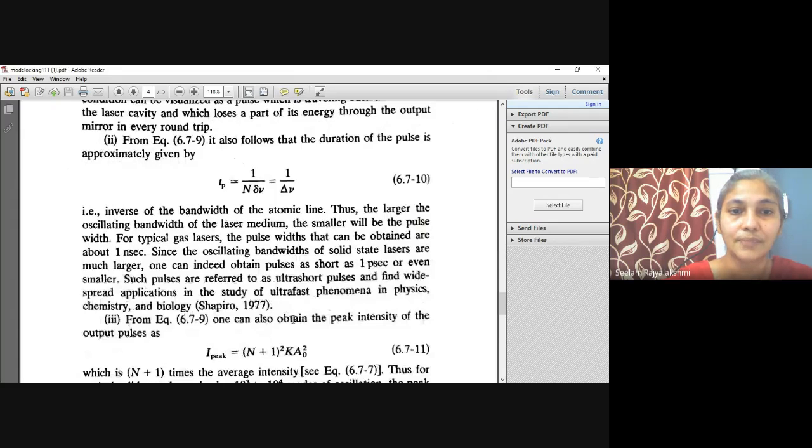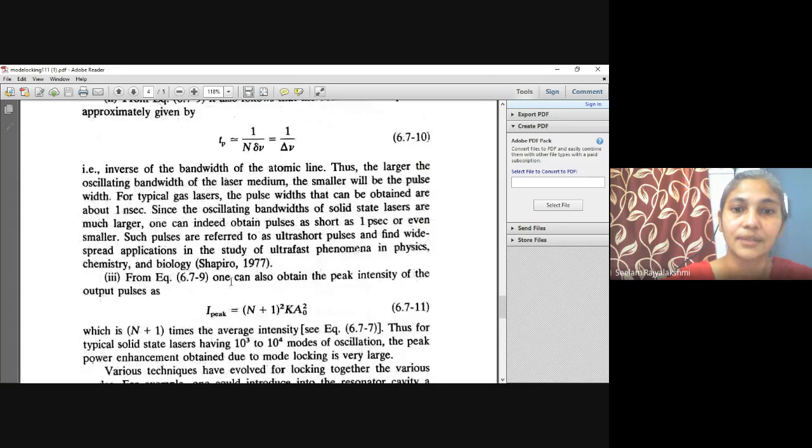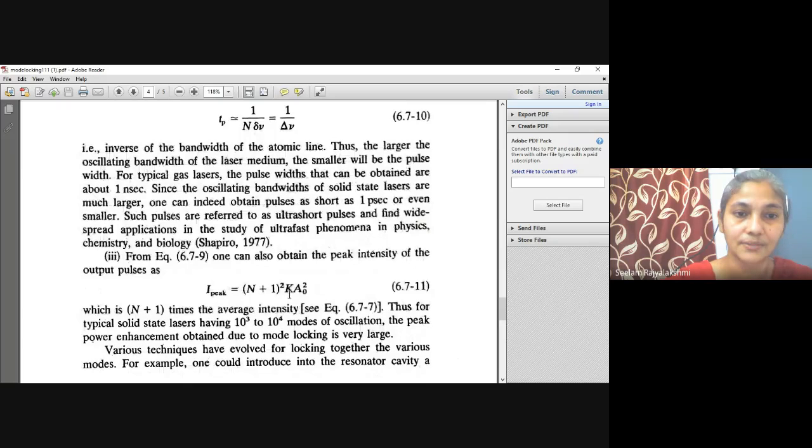From equation 9, the third point is that one can obtain the peak intensity of the output pulses, I peak, which equals n plus 1 whole square Ka naught square. Since we already have the average intensity n plus 1 into Ka naught square, the peak intensity is n plus 1 times the average intensity.